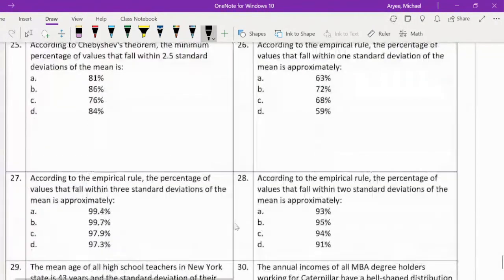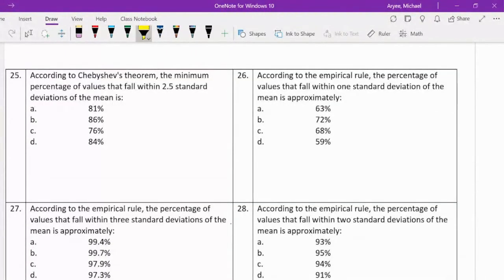Now let's see another one. This one says Chebyshev, but this time K equals 2.5. This you don't know. Remember, when they give you K, they can ask you to find the percentage.